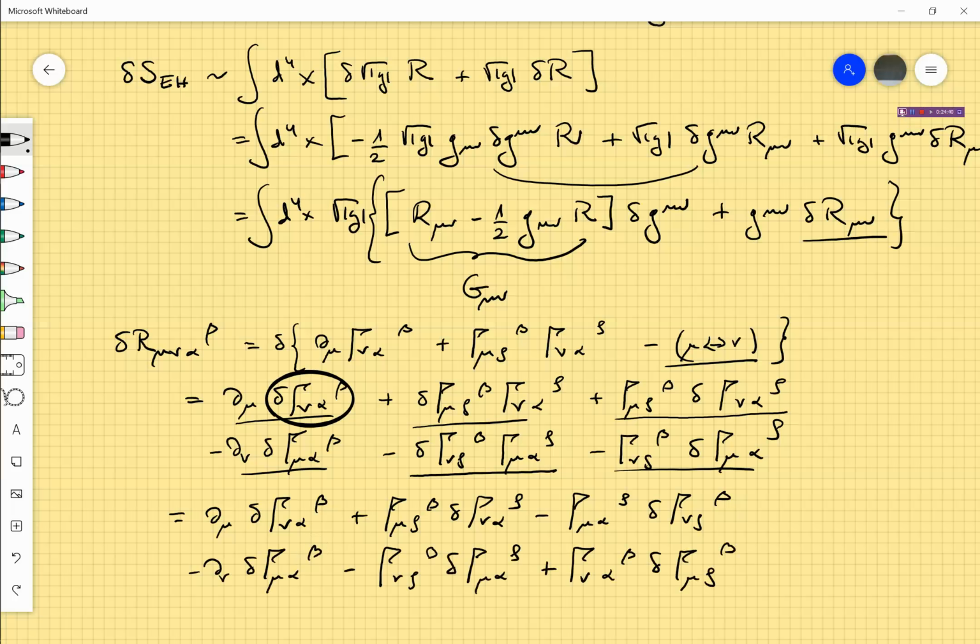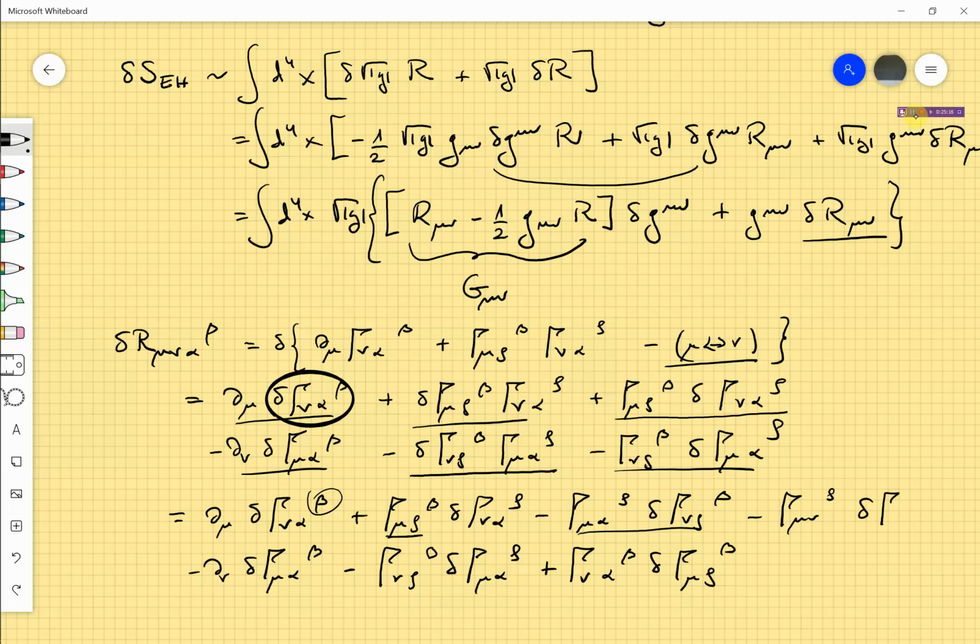Now you see that the first line is almost the covariant derivative of delta gamma nu alpha beta, but there is one term missing, because this term takes care of the upper index beta, the contravariant index beta. This one takes care of only one of the covariant indices of the alpha one, in fact. So what I'm going to do is add by hand the term that I need to rewrite this as a covariant derivative.